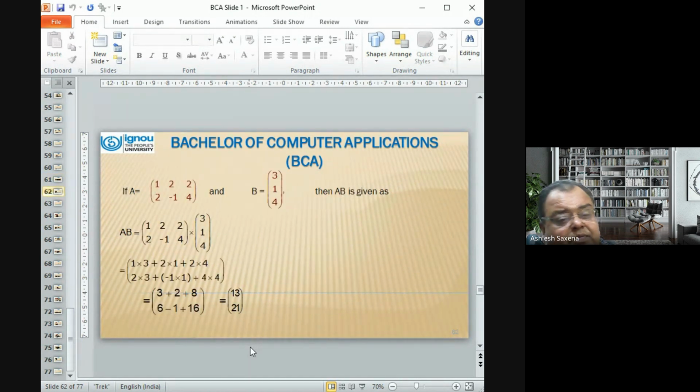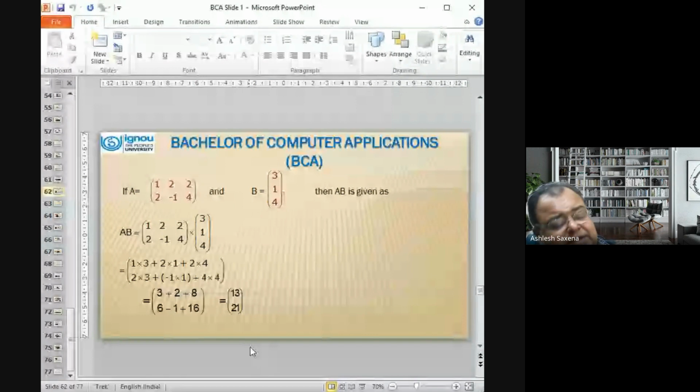Now, actually, there are some basics. A matrix can be multiplied by a scalar or can be multiplied by any matrix of any order.